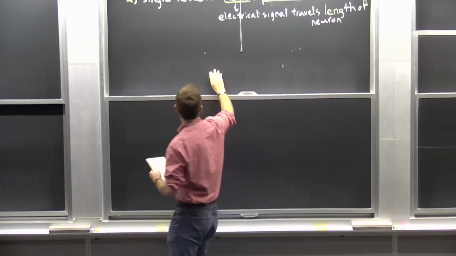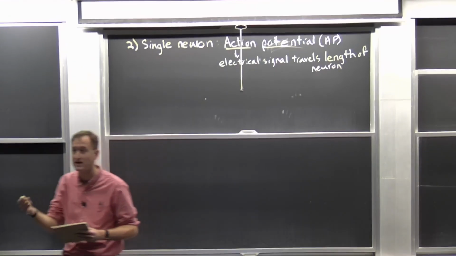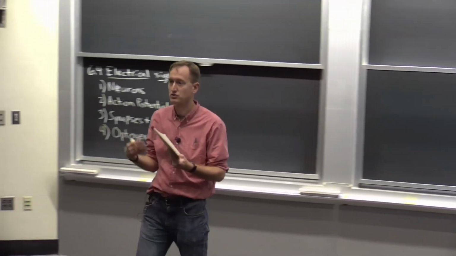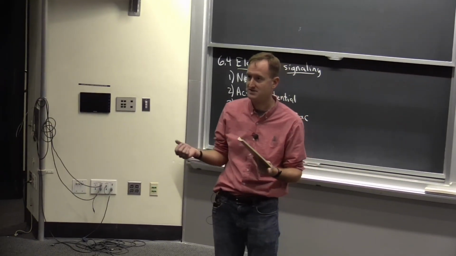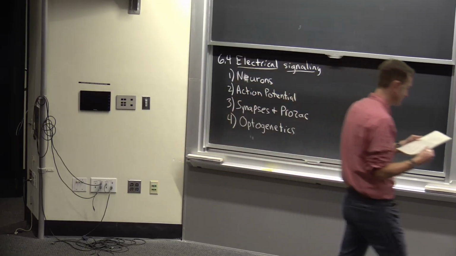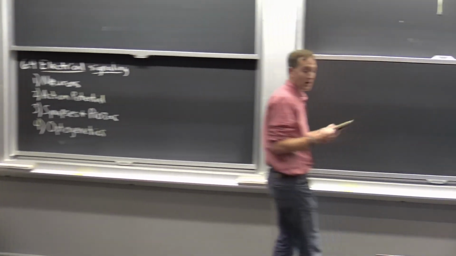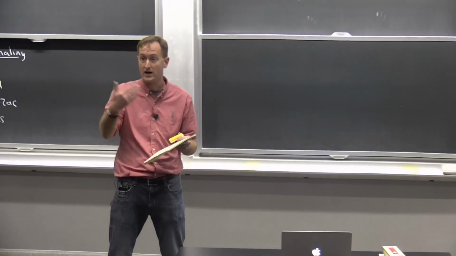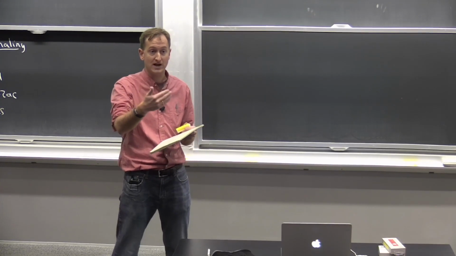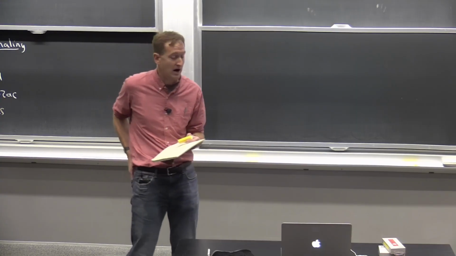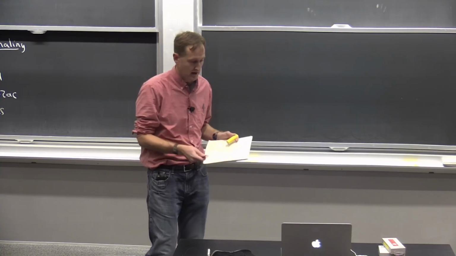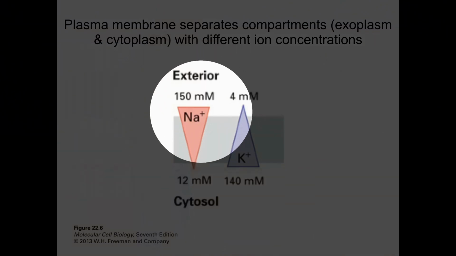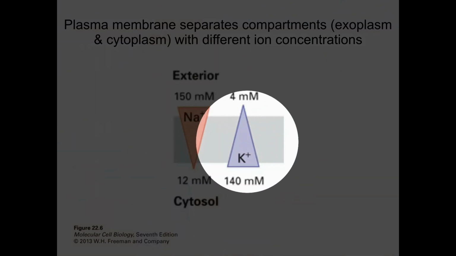And so in order to have an electrical signal propagate, we need some sort of electrical property that the cell has that enables this. And so I told you earlier in the semester how sodium ions are concentrated on the outside of the cell and potassium ions are concentrated on the inside. You see here's the sodium gradient, here's the potassium gradient.